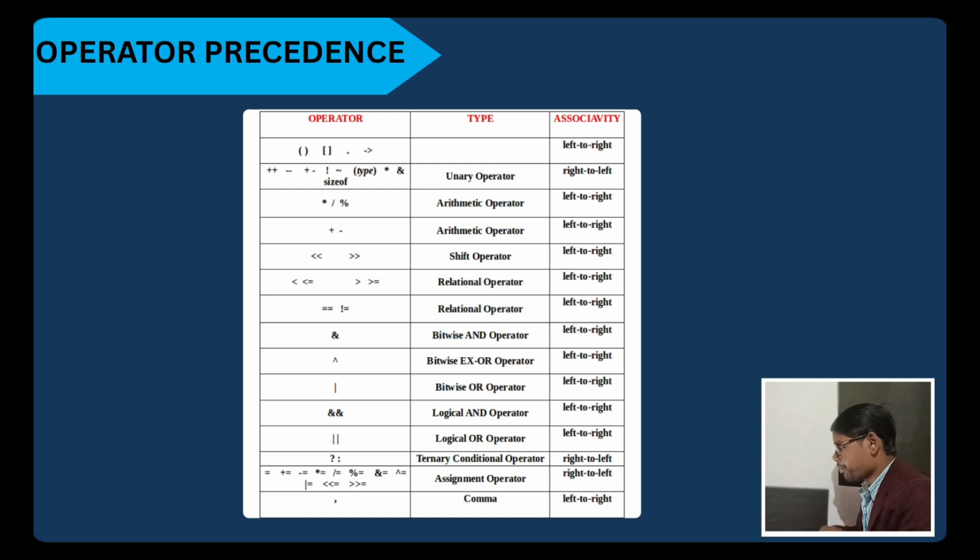Okay, and brackets precedence is high, and the associativity is left to right. Okay, and unary operators, plus plus, minus minus, are second highest, and the associativity is right to left. Okay, right to left.